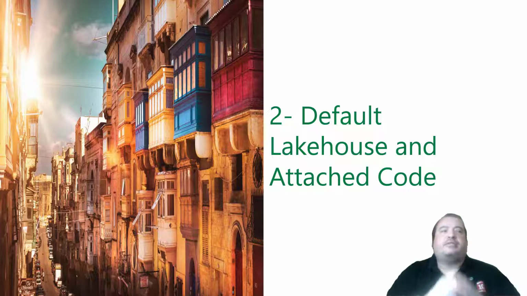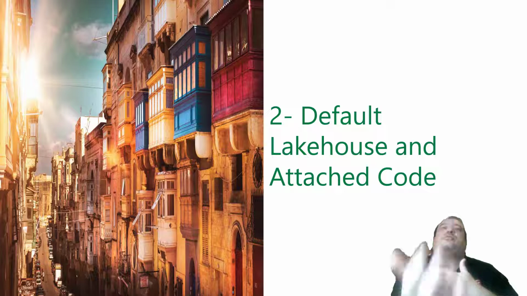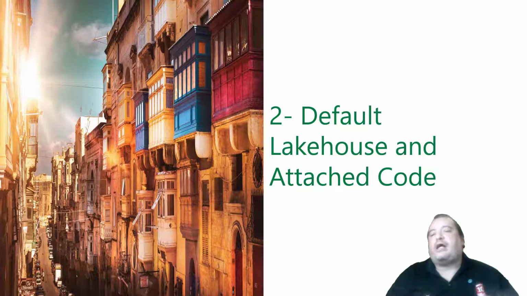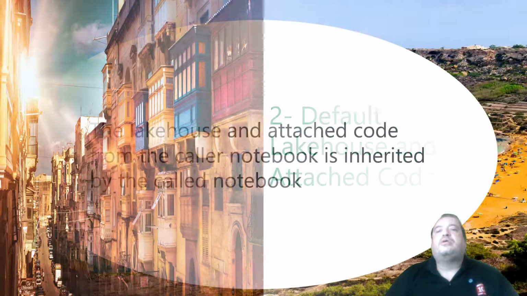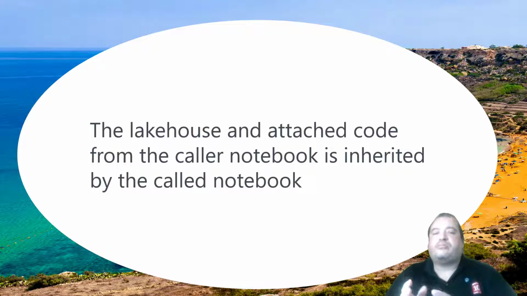When we are executing multiple notebooks, we have one notebook calling another notebook. What happens with this configuration of the default Lakehouse and attached code? That's the point. The default Lakehouse and the attached code from the caller notebook is inherited by the called notebook.